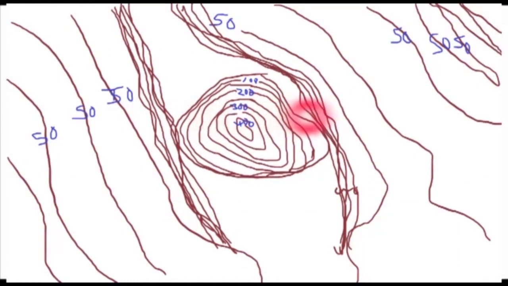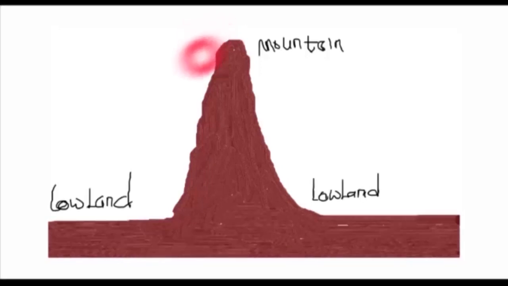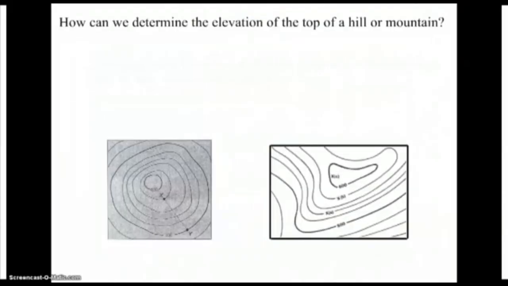A plateau is a uniform tabletop highland that slopes gently to the adjacent lowlands. A mountain is a steep-sided highland with a peak. Then conical hills tend to be gentle at all points and relatively not high.